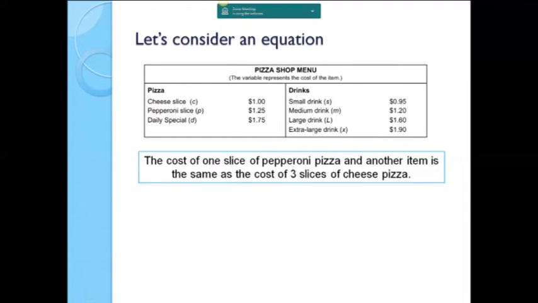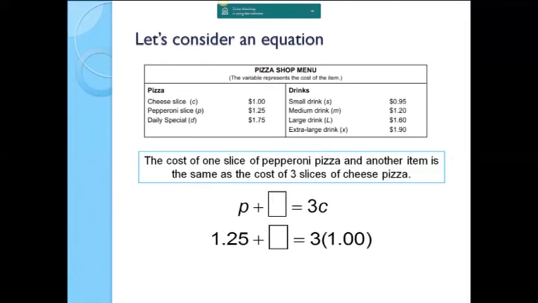Let's consider an equation. How might we write an equation for the cost of 1 slice of pepperoni pizza and another item is the same as the cost of 3 slices of cheese pizza? As you can see, we are adding P and some unknown amount, and it's the same as 3C.